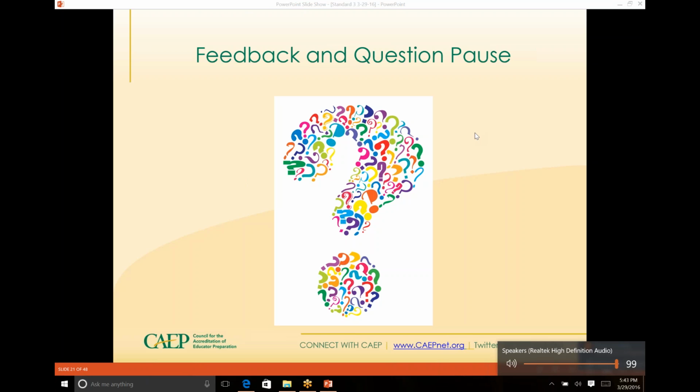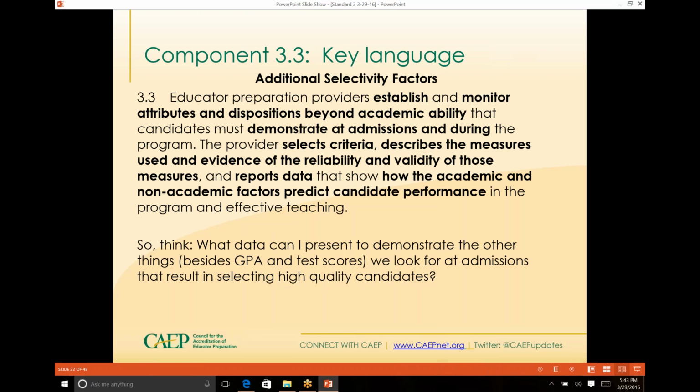You're welcome. Anybody else? If not, we're going to plow ahead. We've got barely 15 minutes left and so much to go over, so I may not belabor some of this too much. These are those additional selectivity factors. Somebody asked, what are the non-academic factors? As you see, attributes and dispositions that go beyond academic ability.